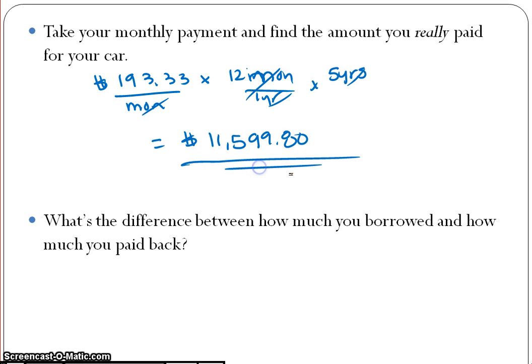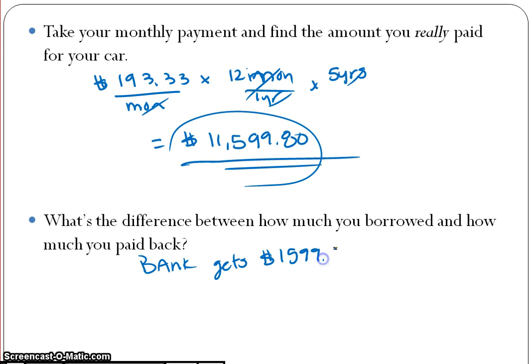This is how much the car really cost. Okay, so what's the difference? We paid back $11,599.80, but we only borrowed $10,000 for the car. So the bank gets the difference, which is $1,599.80 of interest.